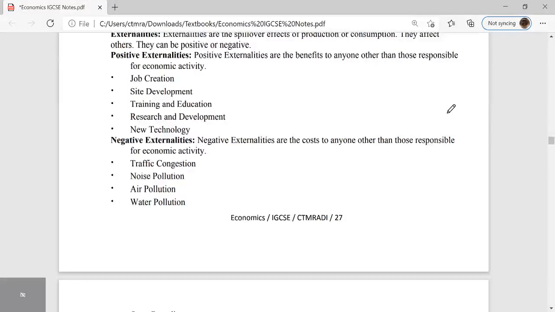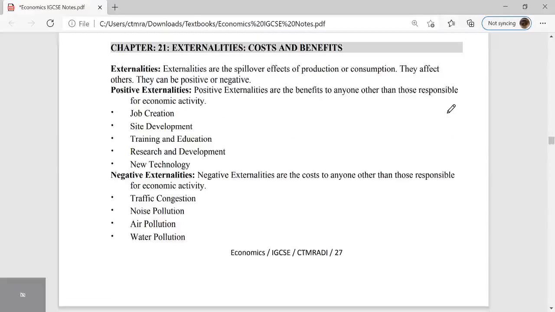Externalities are caused because of the spillover effect, like when the producer or consumers are affecting a third party. That means the people who are not producing or consuming get affected. This kind of situation is known as externalities. It can be positive or negative.